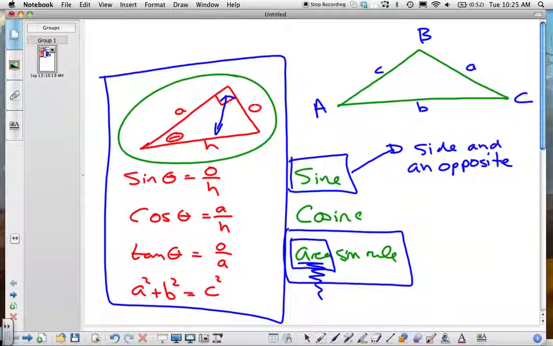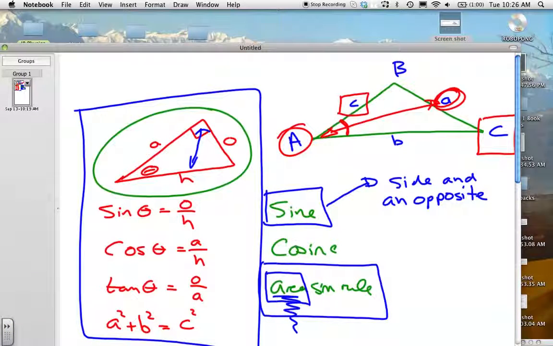So when you are told what angle A is, and the side corresponding to A, so you've got your side opposite your angle. If you're given A and a, or C and c, or B and b, then you're going to use your sine rule.